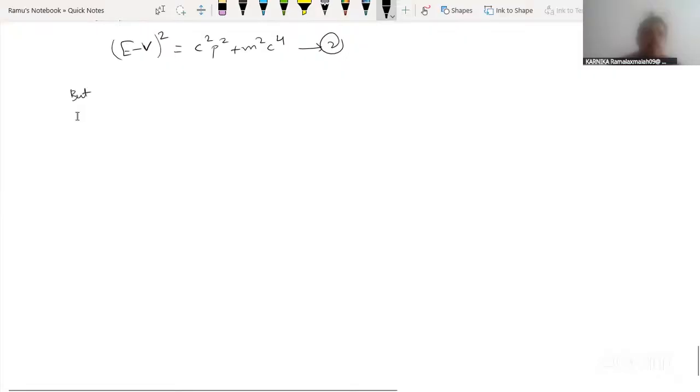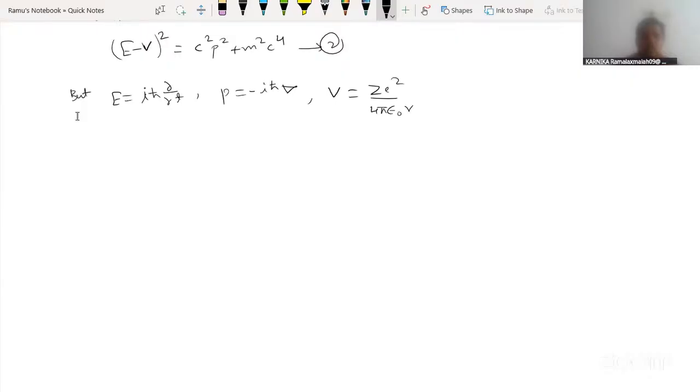But E is equal to i h cut dou by dou t, p is equal to minus i h cut delta, and V is equal to Z e square by 4 pi epsilon naught r.